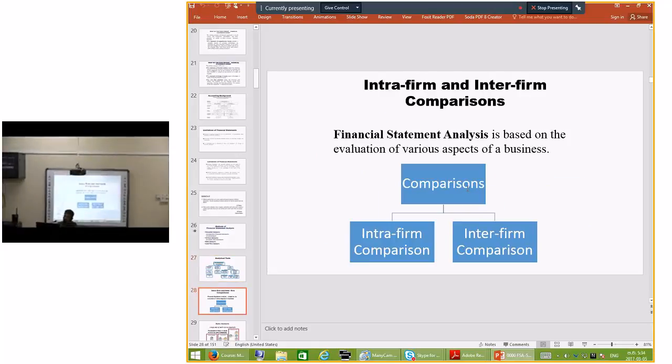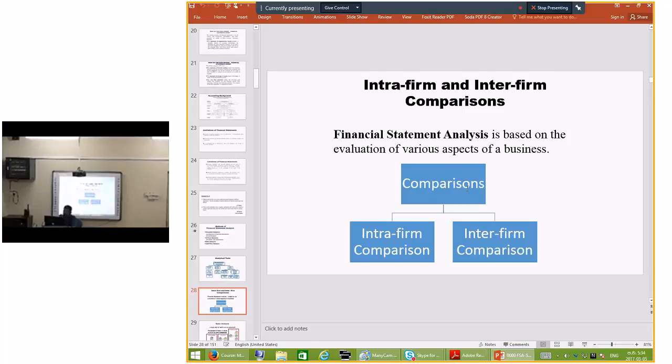Right. Now, this concept is also very important when you are comparing ratios or other financial details. We can consider two concepts. One is intra-firm comparison. Another concept is inter-firm comparison.